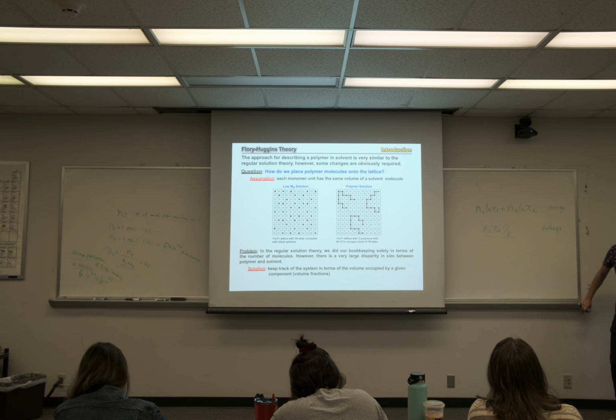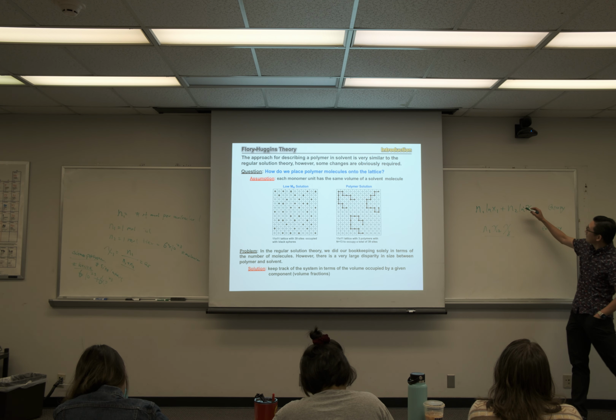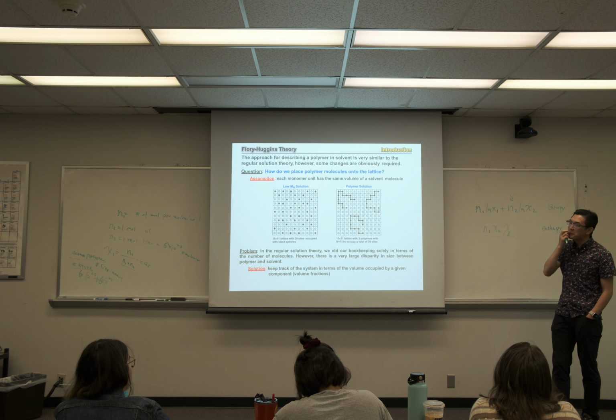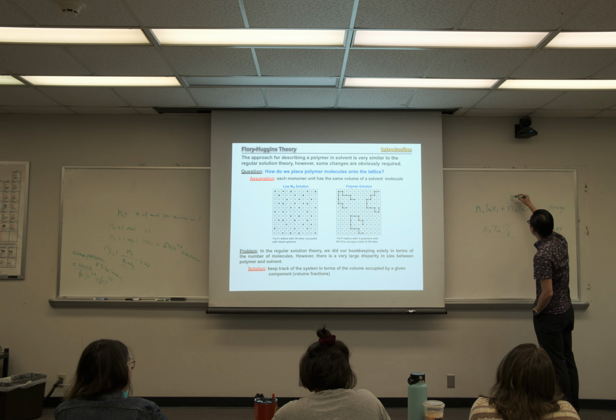Zoe? Would it be number of monomer units instead of moles? So capital N instead of small n? N, you mean this? Yes. It will be related to N. Okay? Very good.